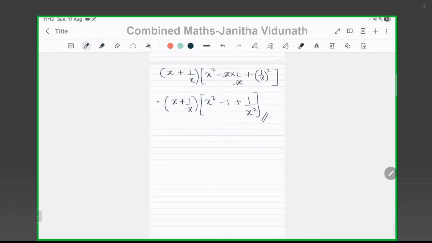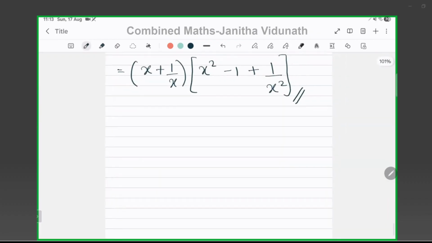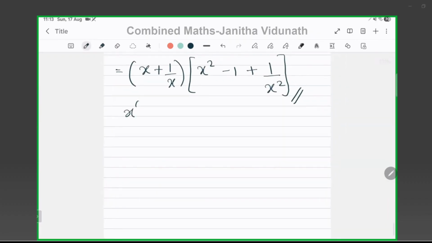Our second question is x to the power 6 minus y to the power 6. Here we can write this as x to the power 2 whole cube minus y to the power 2 whole cube.